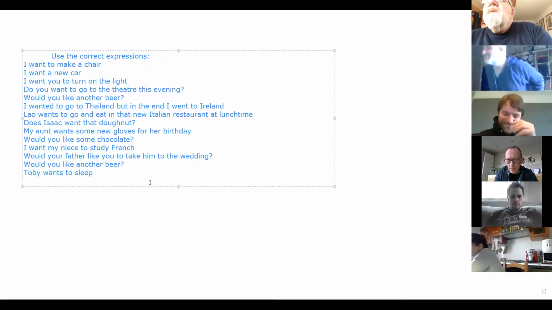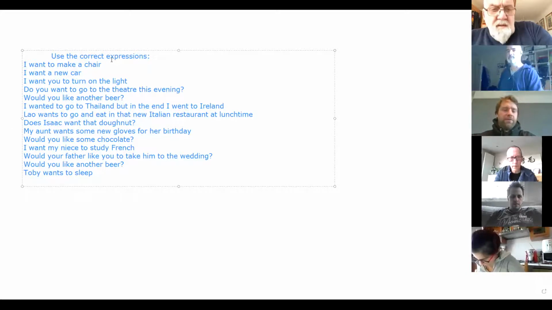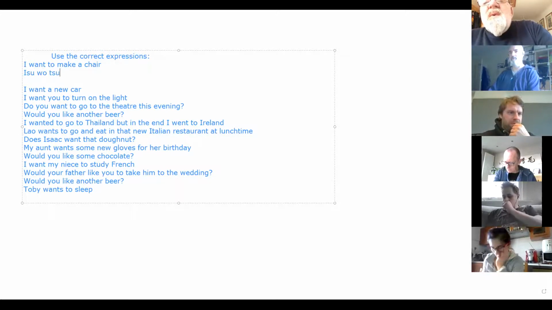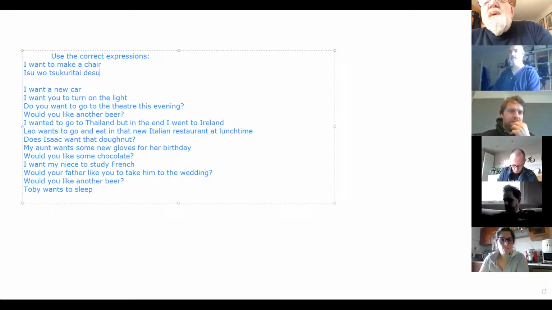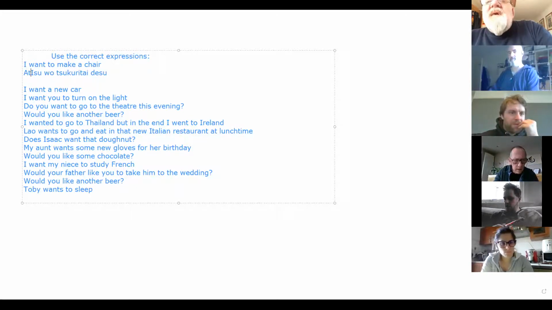Okay, should we have a go, guys? So, Jock, I want to make a new chair. 椅子を作りたいんです。椅子を作りたいんですね。Or just 作りたいです。Fine. A new one? 新しい椅子を作りたいんです。Good.